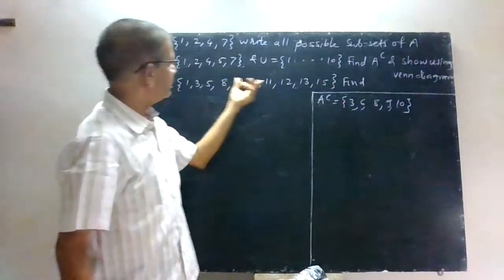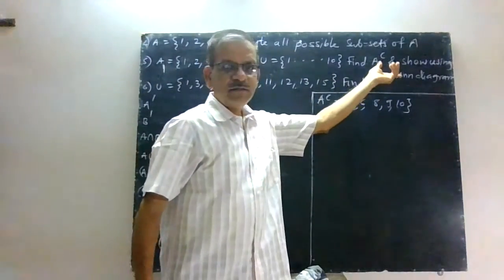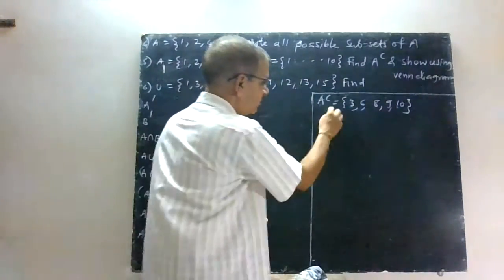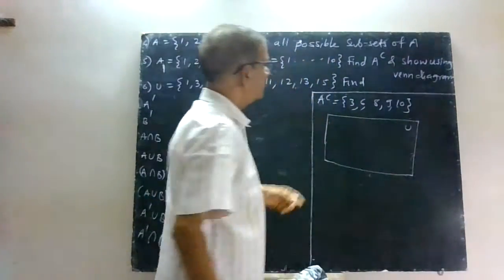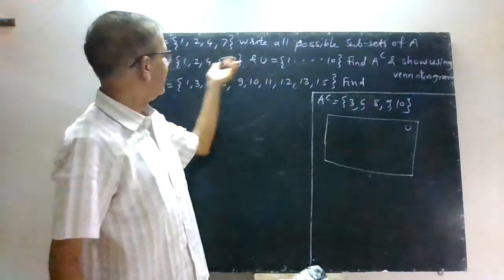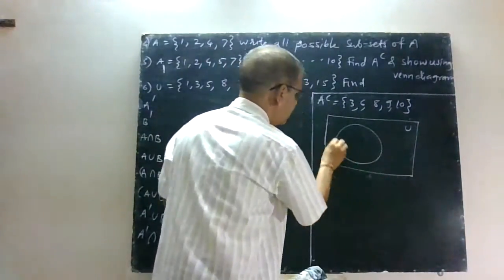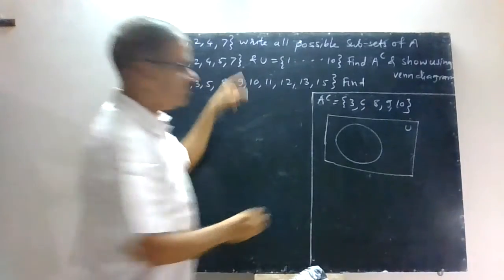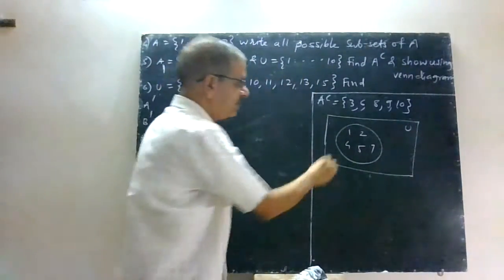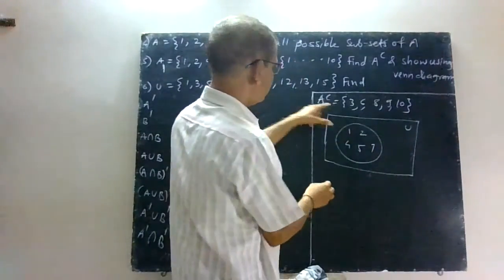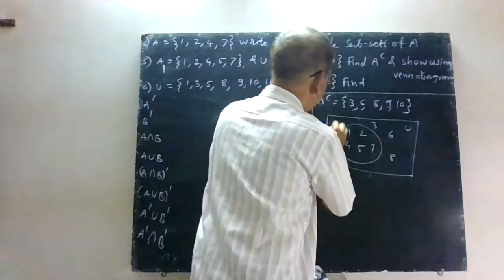Now this is your first question, to write down A complement, and you have to show that using the Venn diagram. For that you can draw a figure U containing those elements 1 to 10, and A is a subset of U. So you will write set A here, 1, 2, 4, 5 and 7, and the remaining part is this set, that is 3, 6, 8, 9 and 10.